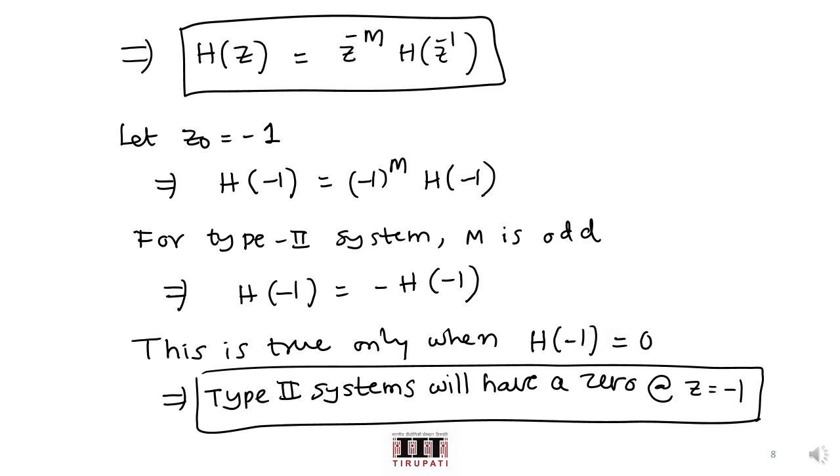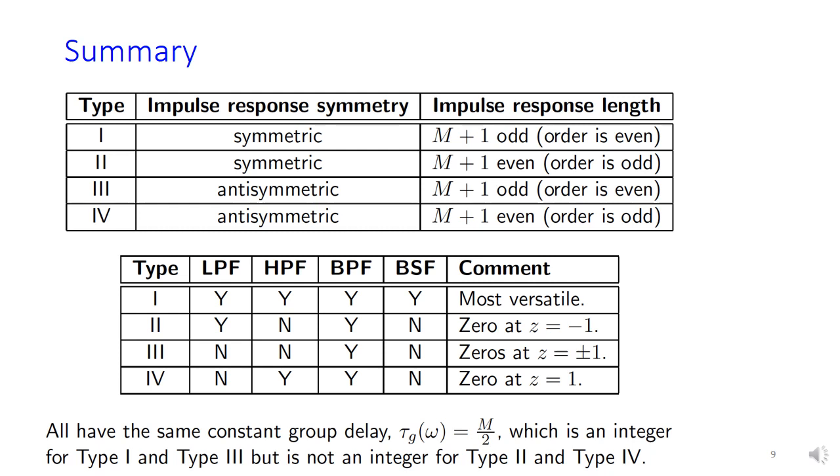Okay, so with this we could say that this is a summary. We will discuss the rest a little later, but first pay attention here. For a type 2 system, it should have a 0 at z equal to minus 1. What's the implication of it? Well, z equal to minus 1, what does that mean? What can we say about the value of z being minus 1?